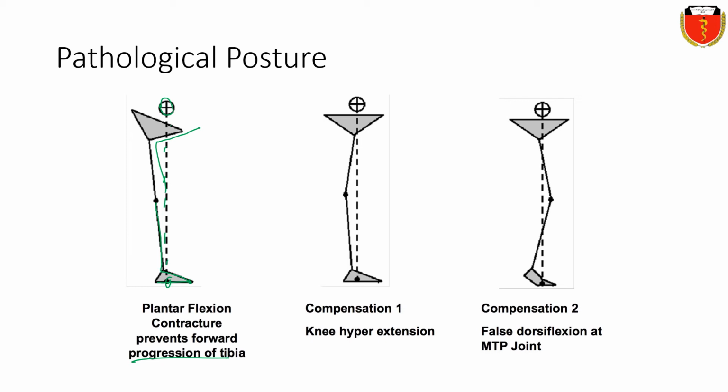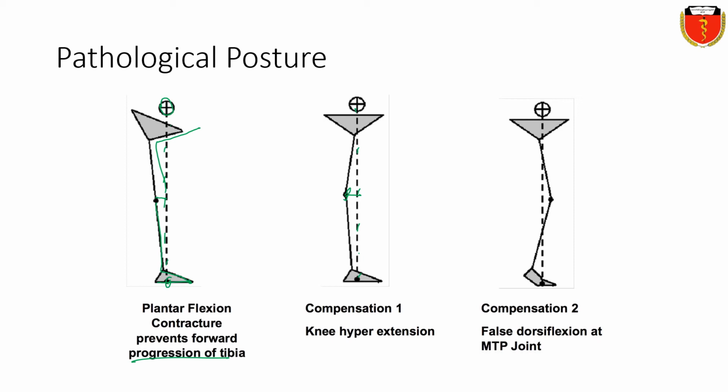If they bend the trunk forward for a long time, this will create a distance between the ground reaction force or center of gravity line and the knee joint. So it will increase the hyperextension on the knee, and it will cause the knee to become unstable anteriorly. Another way to compensate is that the patient might do a false dorsiflexion at the metatarsophalangeal joint.